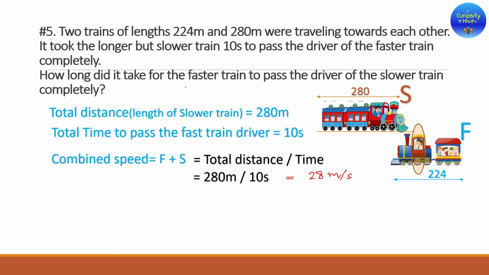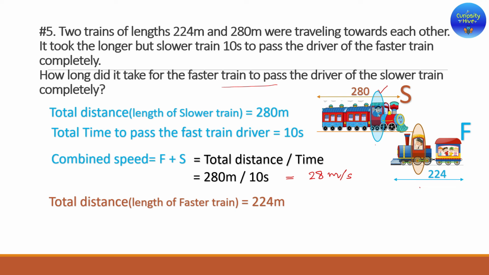Now let's find the next part, which is the question asked. Now here we need to find out how long did it take for the faster train to pass the driver of the slower train. So in this case, the total distance would be the length of the faster train, which is 224 meters. Now remember, the speed would be the combined speed of slower and faster train, because this driver is also moving with the speed of the slower train.